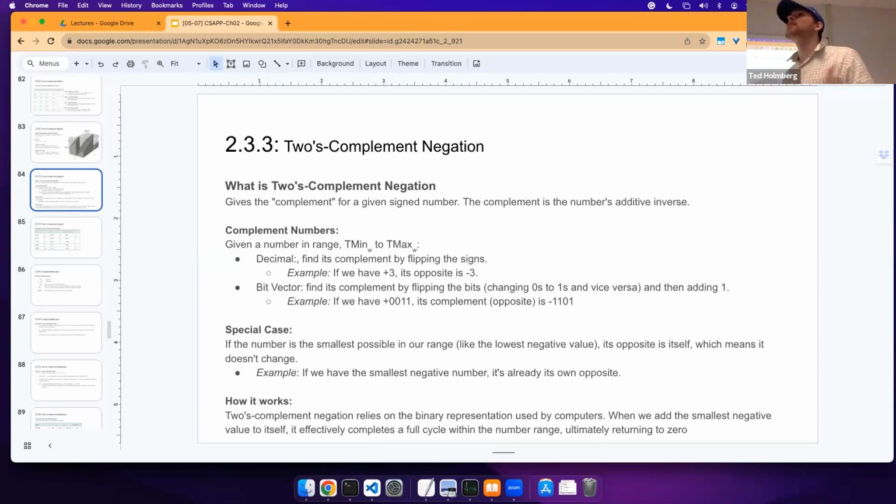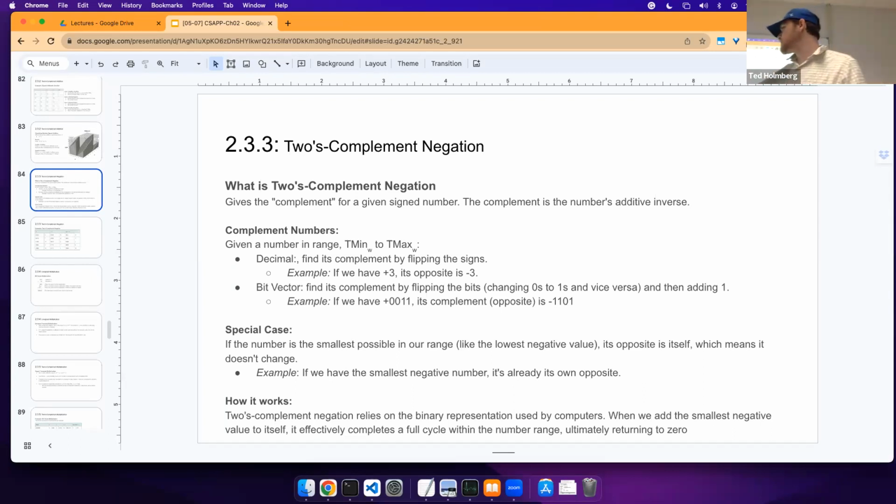And just remember that subtraction is just addition with negation, right? Subtraction is just addition with negative numbers. So 5 minus 3 is the same thing as saying 5 plus minus 3. There's nothing special we do to implement subtraction.